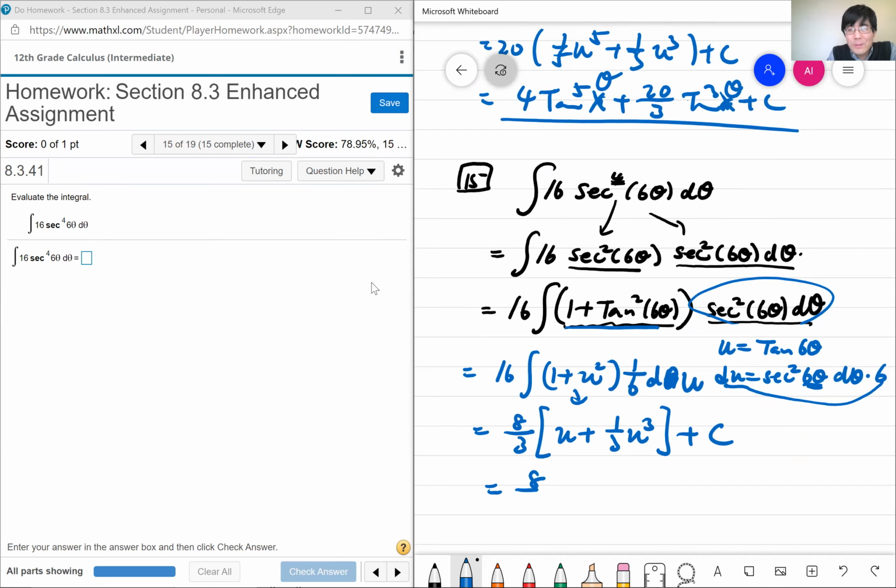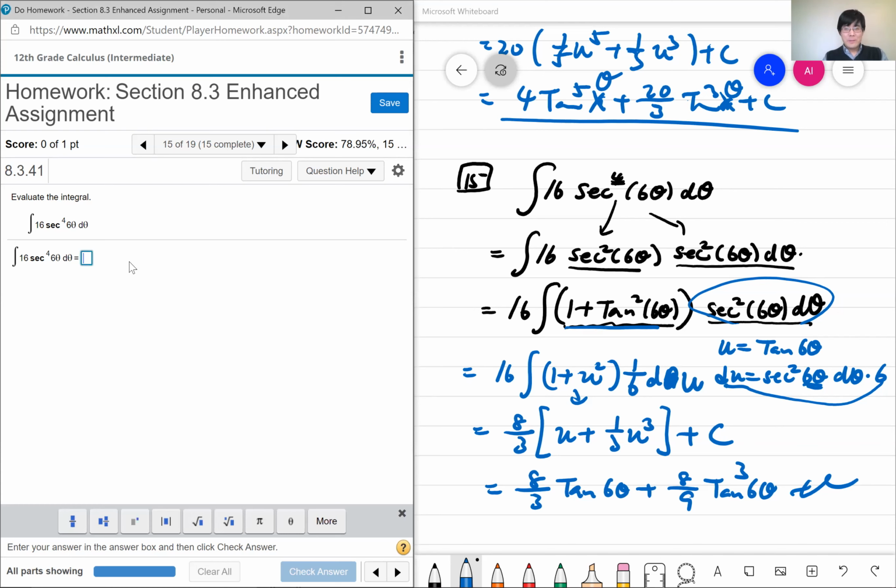Now return to theta, it's going to be like this. 8 over 9 tangent 6 theta cube plus c. Type it. So tangent cube 6 theta plus c.